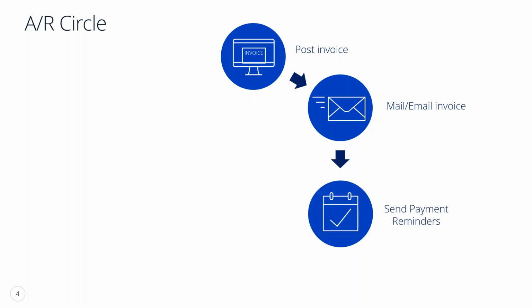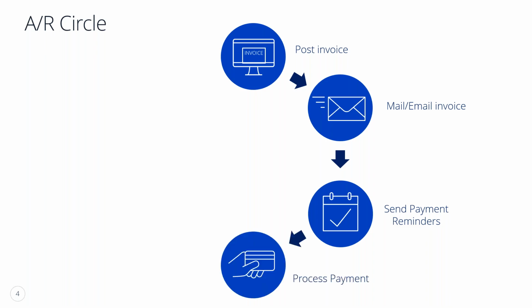Now, this is a part where most organizations, most AR departments, struggle: collecting payments on time. You will have to send reminders, sometimes multiple reminders, to your customer about their outstanding balances. Now, let's say the customer is ready to pay, then you're going to process that payment.